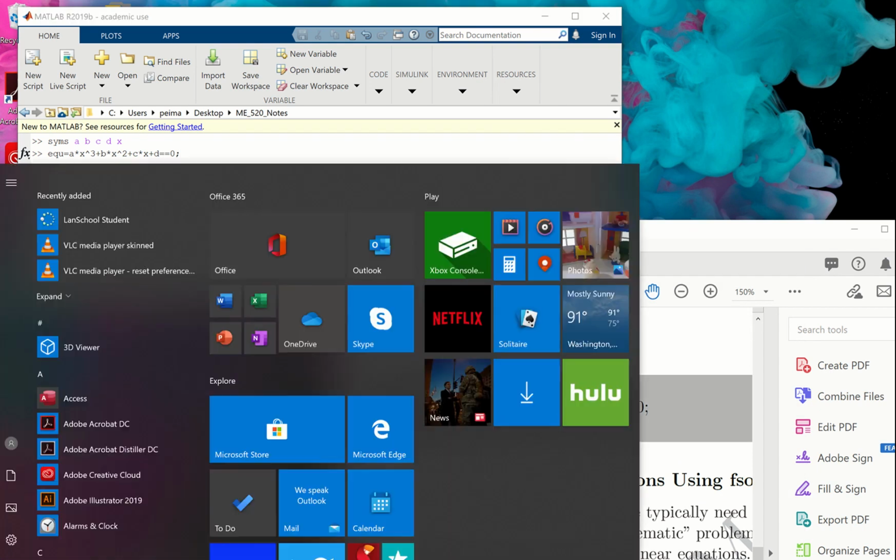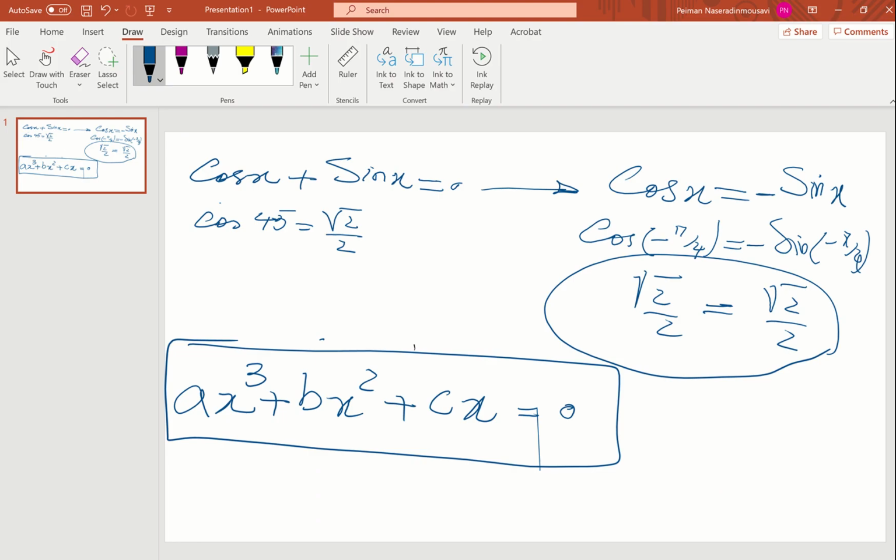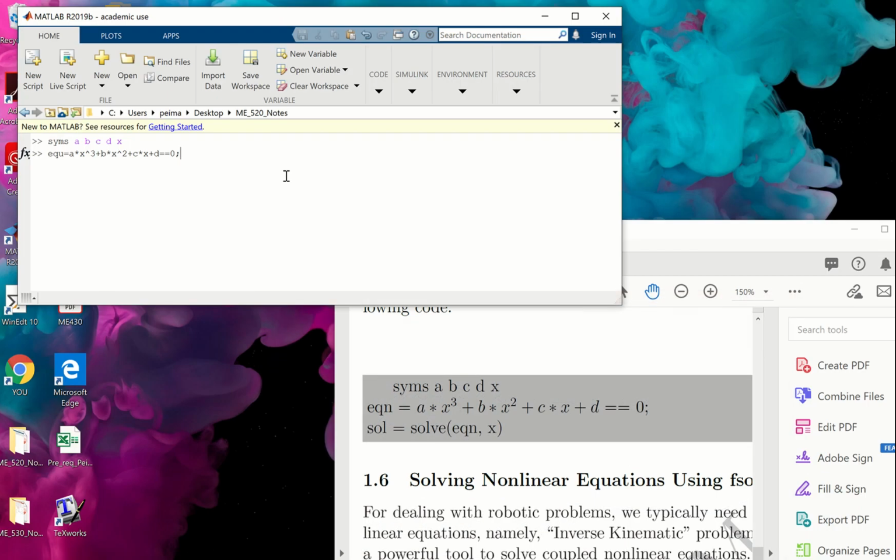I'm plus D, I'm sorry, I'm missing plus D. That's right. So this is the command that you can have. So now after saying that A, B, C, D are symbolic variables, you can say now solve the equation, and the variable that you want to find based on A, B, C, D is X. That's right. The variable that you are trying to find is X, as in high school.